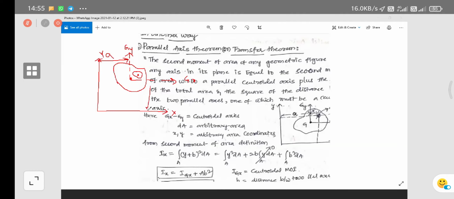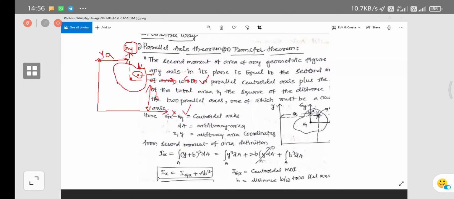For that particular area, capital A, small a is your distance, and small b is your distance between this x-axis and this Gx-axis. This x and y are the centroidal coordinates of the center point of the lamina.